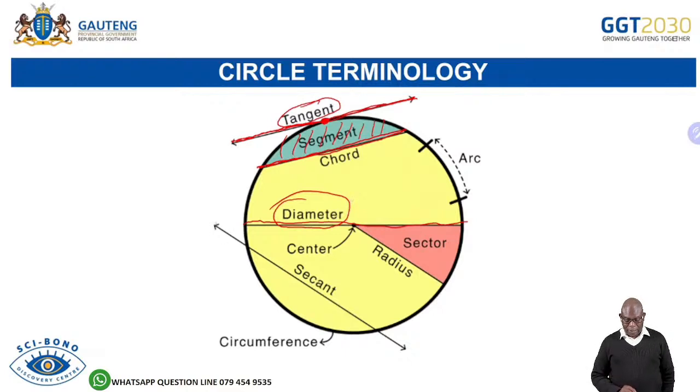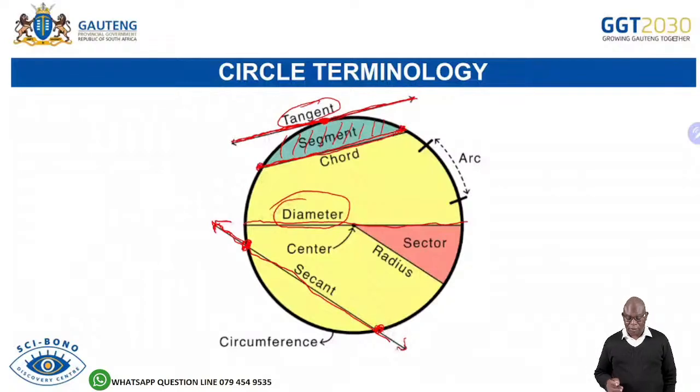Now a secant is a line that touches the circle at two points. So a tangent touches it at one point, and this one touches at 2 points. The chord is also touching there, but it stops there. But the secant will extend on both sides.